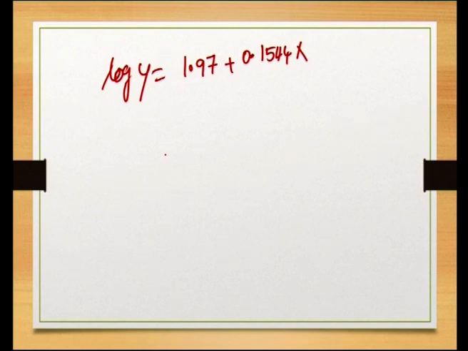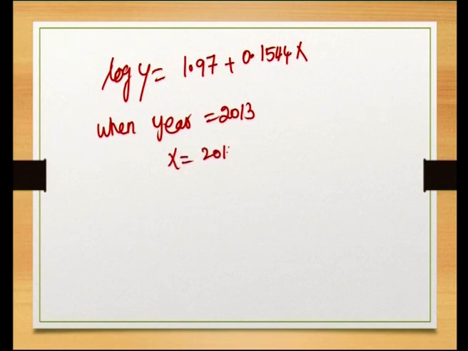And the question is we have to find the sales figure for the year 2013. When the year is 2013, because the origin is taken as 2007, x value will be 2013 minus 2007, which is equal to 6.